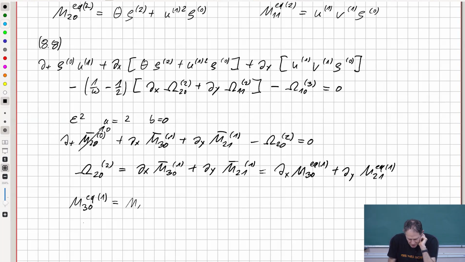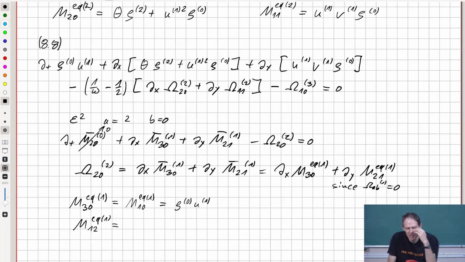It's 1, 0. So it's the same as 1, 0, right? So we know what this is. So this is rho 0 times u1, right? So we already know this. Yeah, okay, I should write what I just said. This is 0. So this is the reason for this. So then M12 equilibrium at first order.